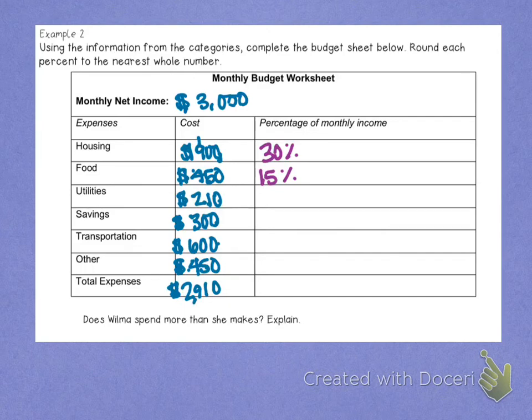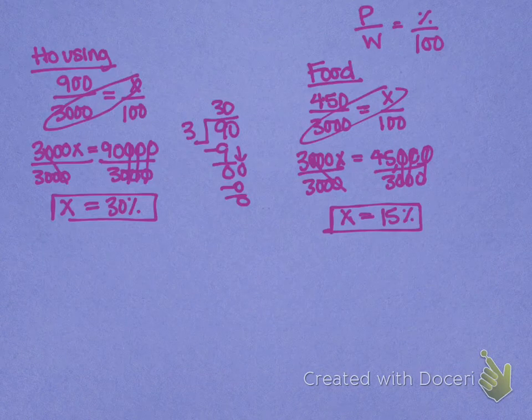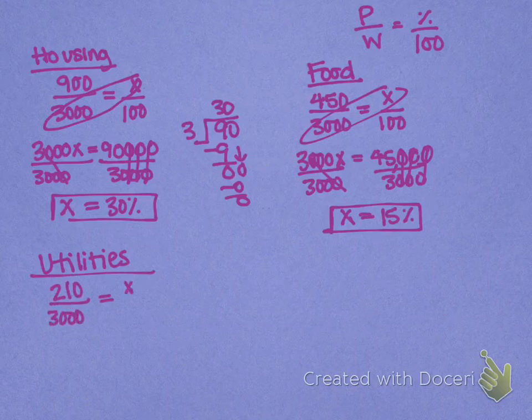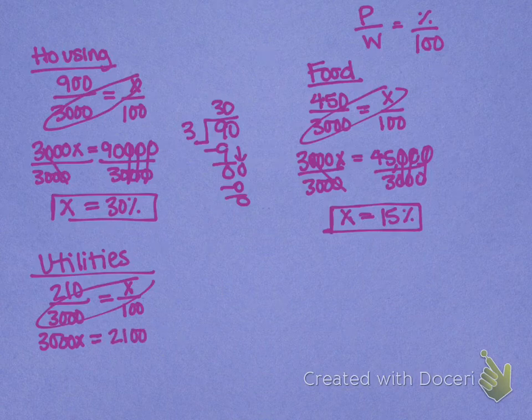Then we keep doing all the ratios. So I have for utilities $210. 210 over 3,000 equals x over 100. Cross multiply: 3,000x equals 210 times 100, which is 21,000.